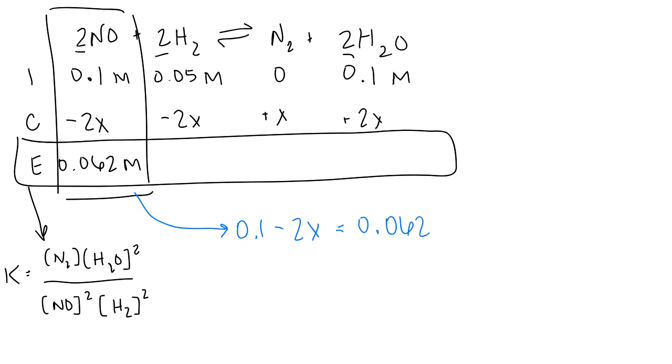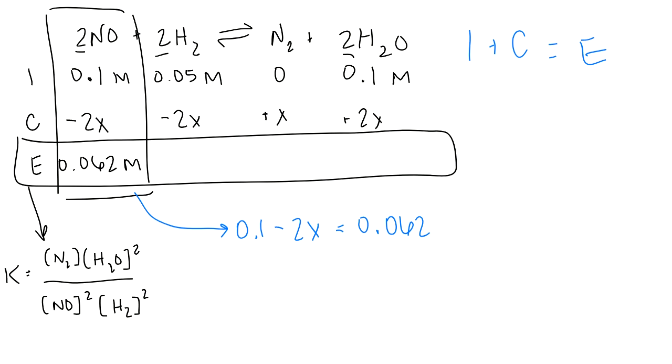And from there, we can solve for x. So I plus C equals E, and that will always be the case. In this case, our C happens to be subtraction, but it's the same idea, same process.